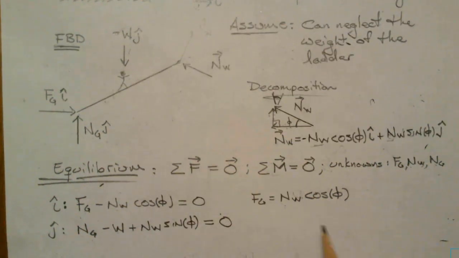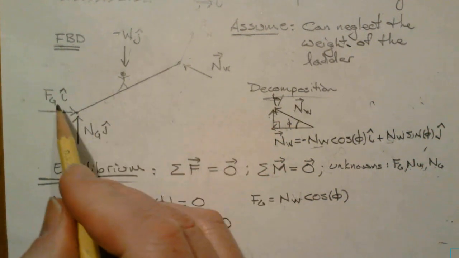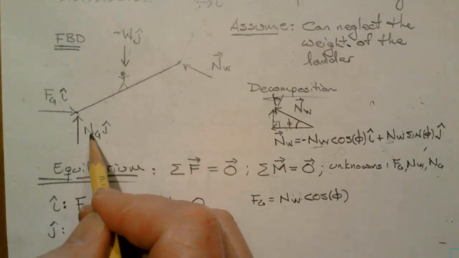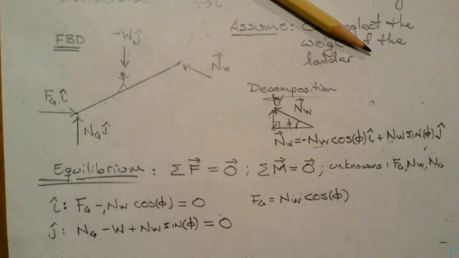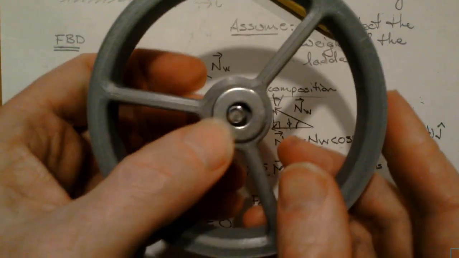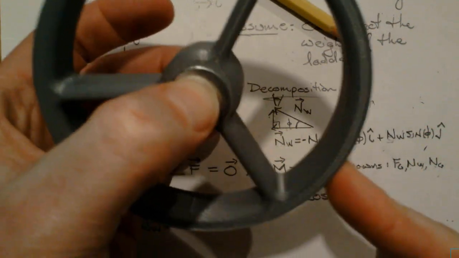But if I were to take moments about this point right here, both the friction force from the ground and the normal force from the ground act through that point. I had my wheel. I forgot my wheel. For this wheel, the center axle is fixed. So if I have a force that acts through the center axle, that does not produce a moment.